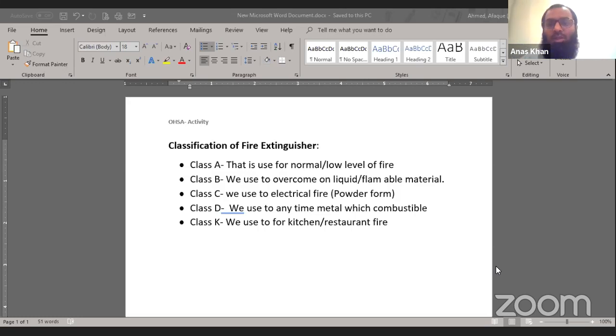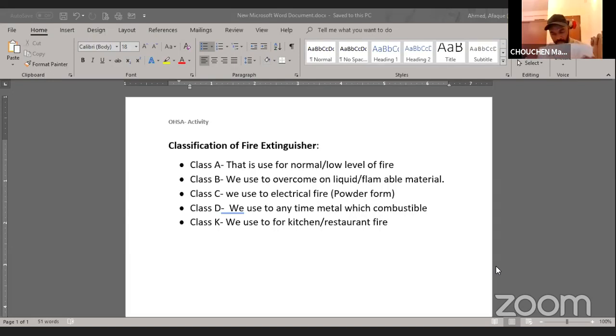There are 2-3 things which we need to understand about these classifications. The first, very important thing is that class A type of fire extinguisher, which is DCP, is considered a multi-purpose fire extinguisher. You can use DCP on almost any kind of fire other than kitchen fires, where we should use K type.